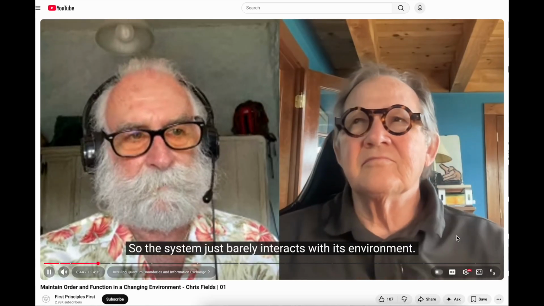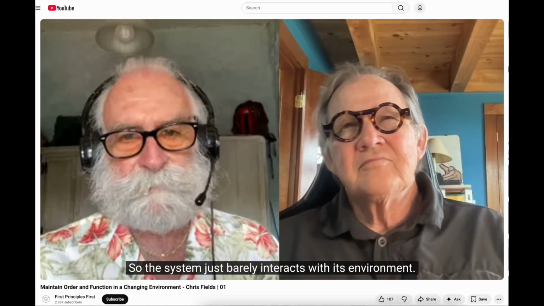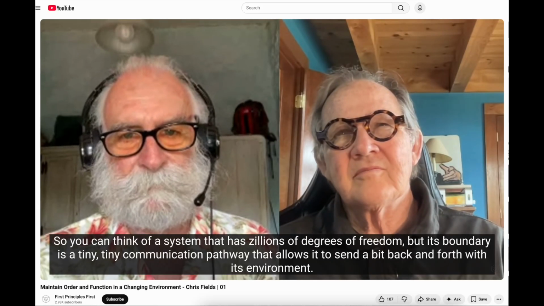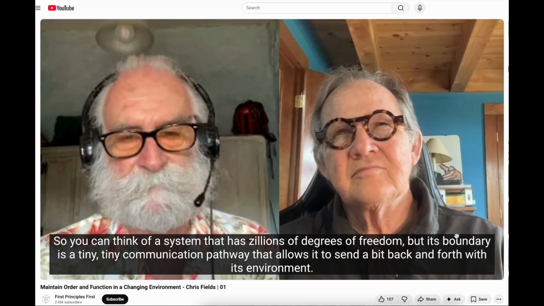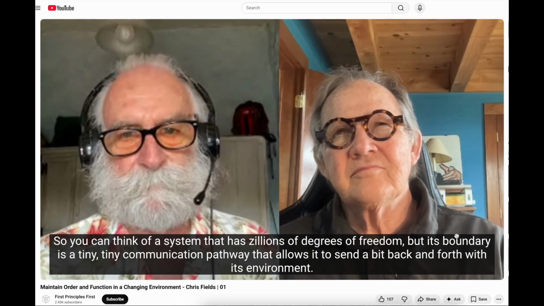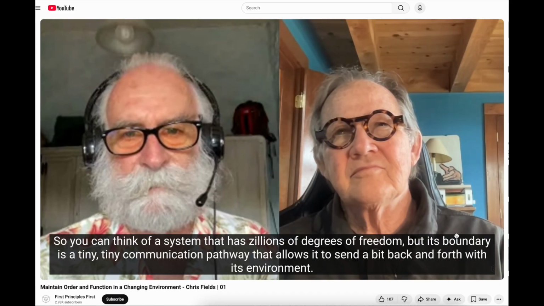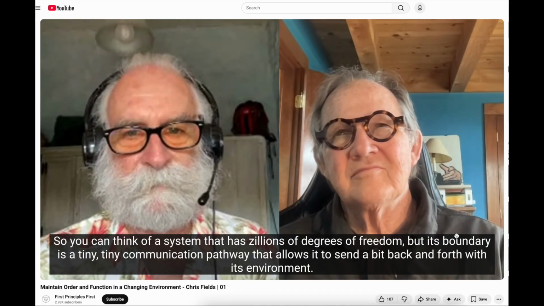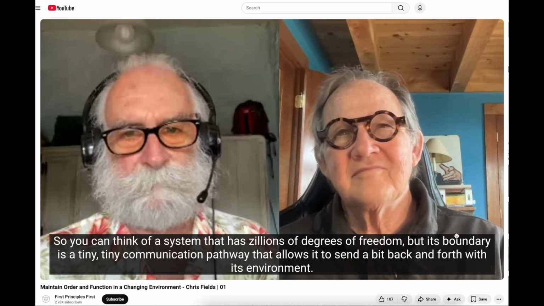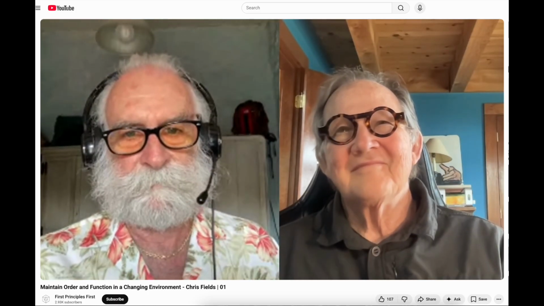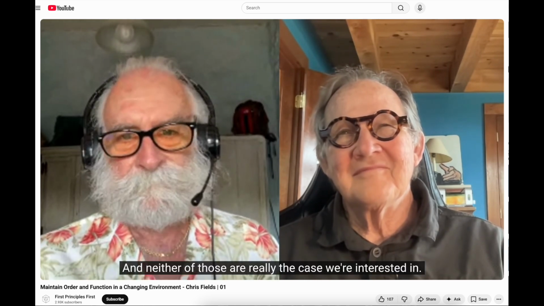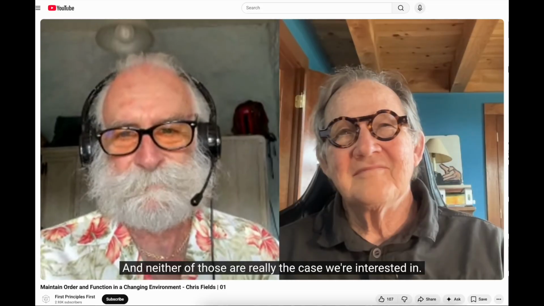So the system just barely interacts with its environment. So, you can think of a system that has zillions of degrees of freedom, but its boundary is a tiny, tiny communication pathway that allows it to send a bit back and forth with its environment. So there's almost no interaction at all. So the system can't know anything about its environment. And neither of those are really the case we're interested in.